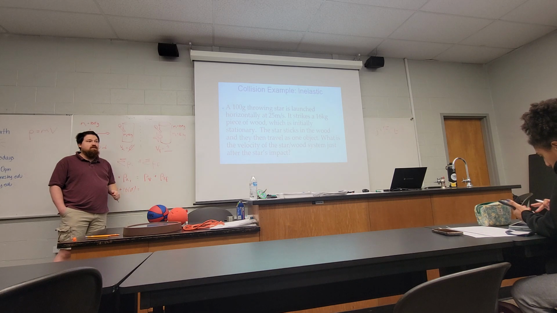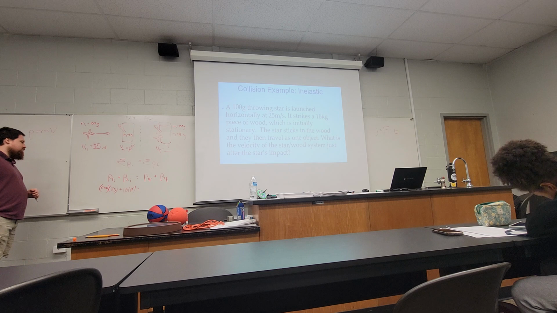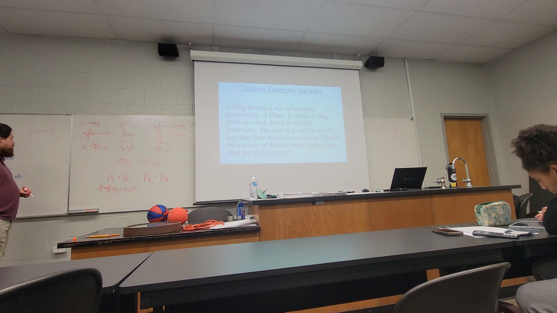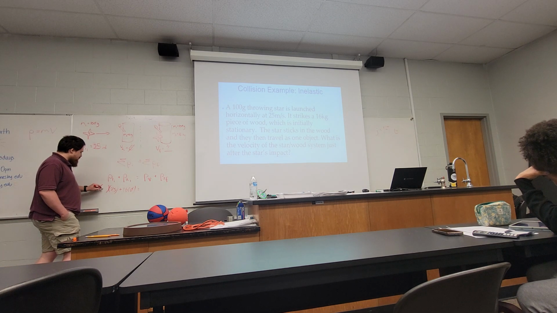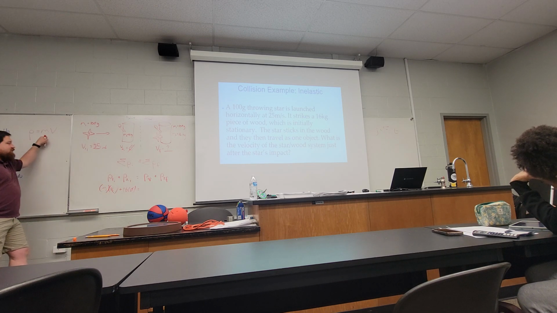Question? For the first part, where it says like 0.1 and 25, what does this mean? Yeah, sorry, that's mass 1 times velocity 1 initial, based on this formula.